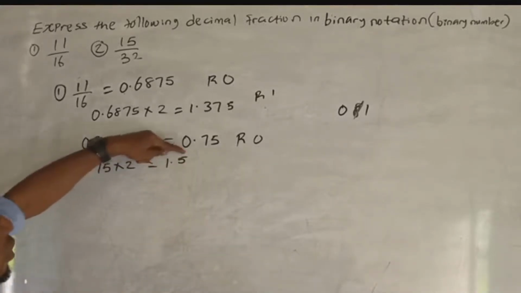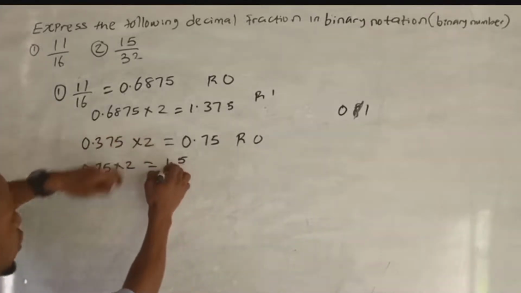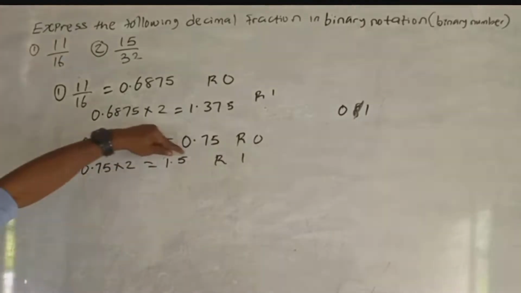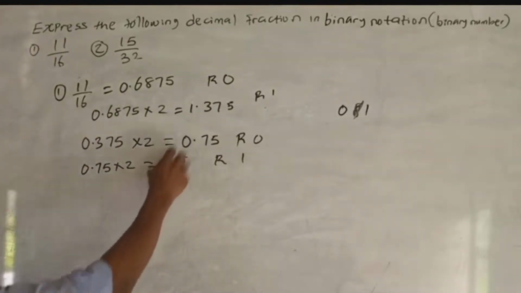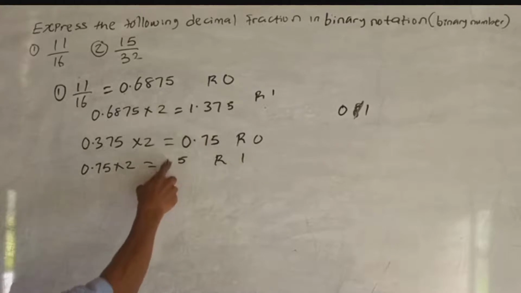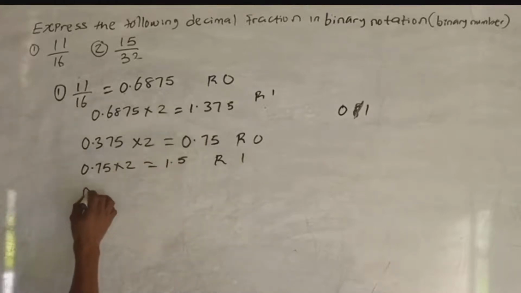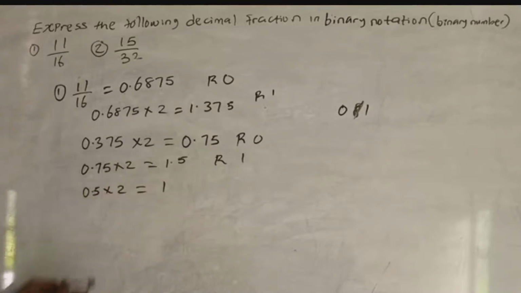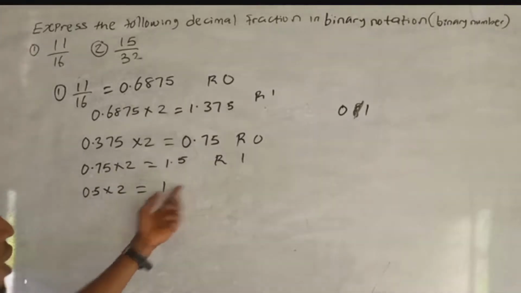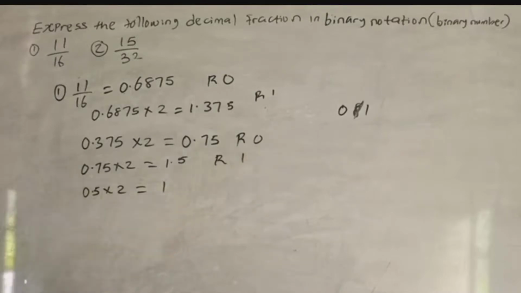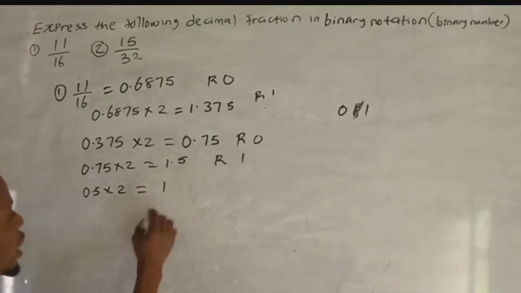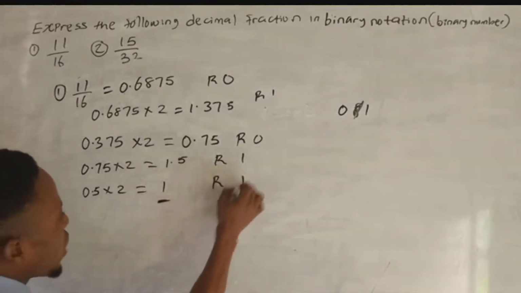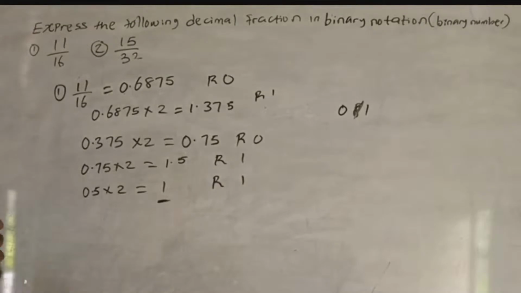In this place there is no decimal part, so we stop the multiplication. Our remainder here is 1, because we have the whole number 1.